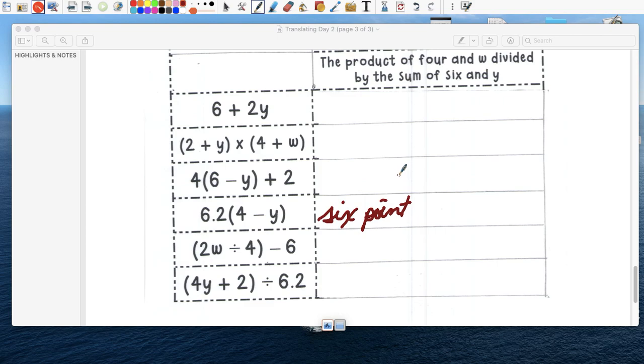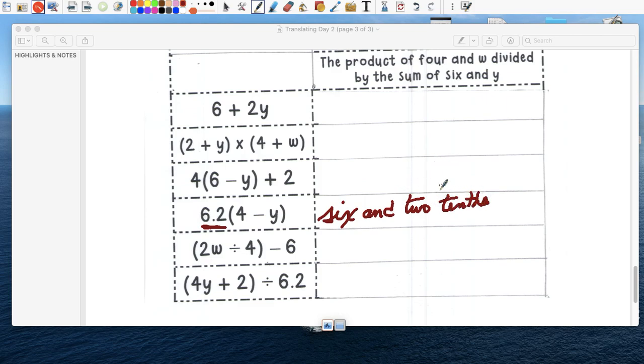Hang on. Trying to remember what book was. Okay. This number here, the way you write it is 6 and 2 tenths.